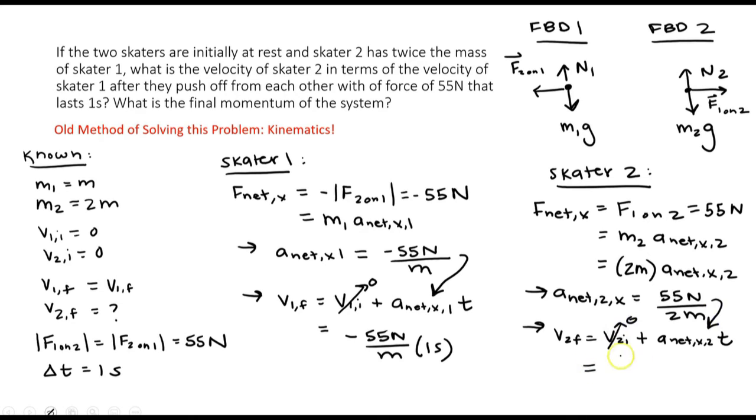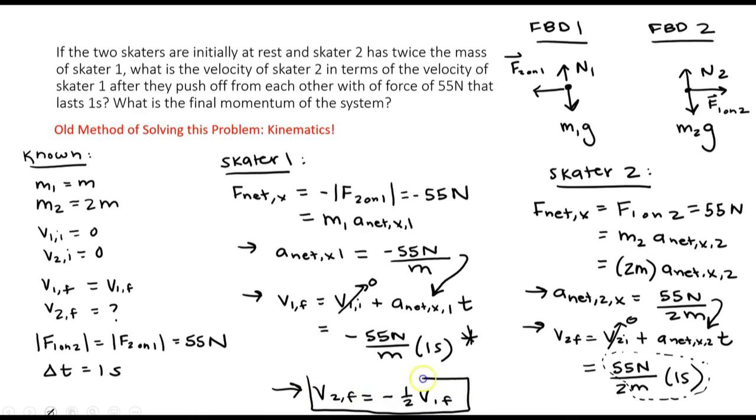So I get 55 newtons divided by 2m, and the amount of time is 1 second. Now I recognize I have 55 newtons divided by m times 1 second, which looks a lot like V1 final over here, so it's negative V1 final. In other words, my final result is that V2 final is equal to minus 1/2 V1 final.